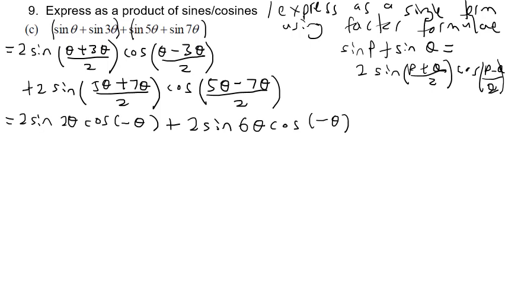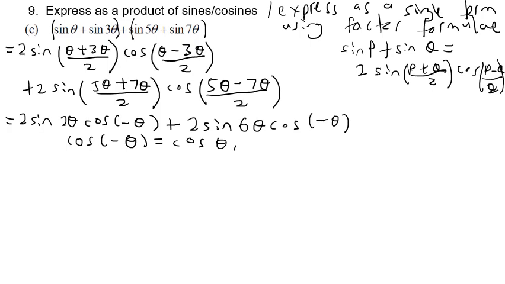Right. So in both cases we have cos negative theta, but before we factorize cos negative theta, notice that this is what we already learned in the previous lecture. That is, cos negative theta is actually equivalent to cos positive theta.